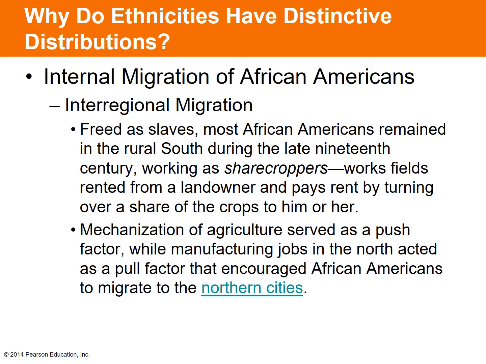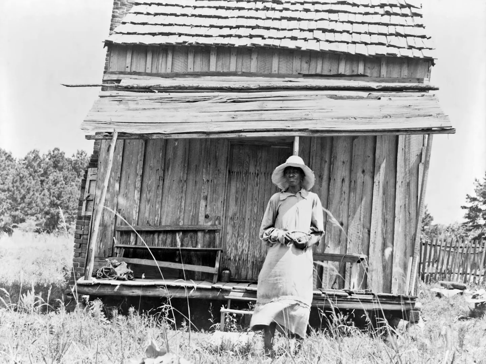Another reason for this is evident if you study African American history, and that is that African Americans felt like they would be safer in the North rather than continuing to live in the South where lynchings were common and abuse was widespread. Here you have a picture of a tenant farmer in the Old South.